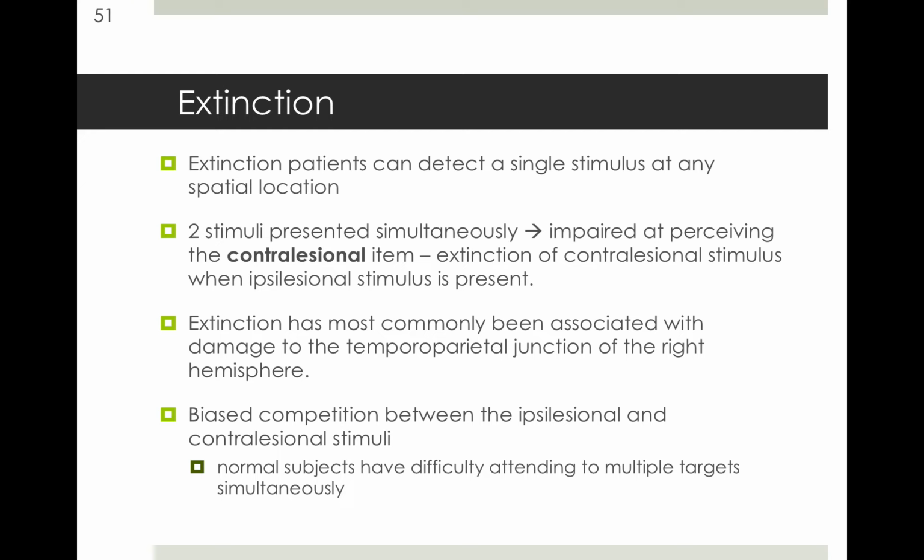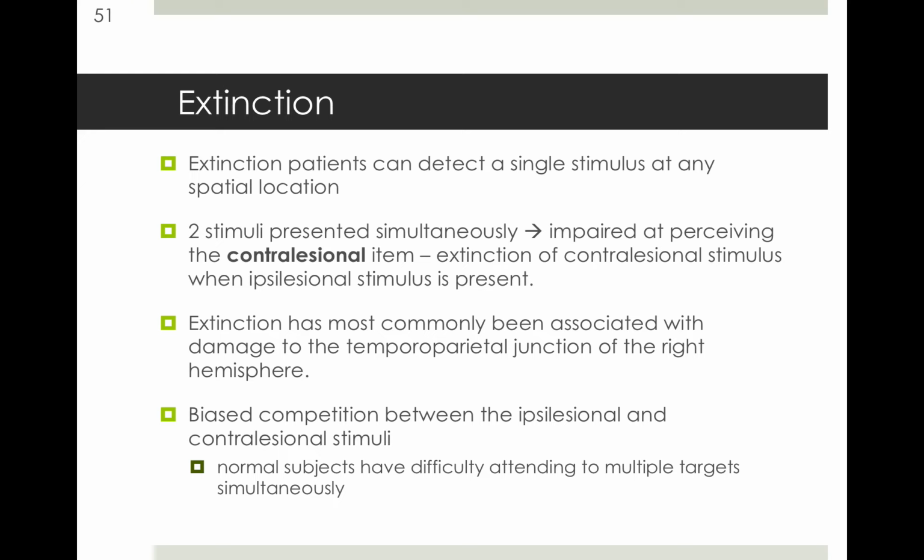A closely related idea is extinction. It's another of the constellation of problems in neglect. Patients with extinction can detect a single stimulus at any spatial location, but as soon as two objects are presented at the same time, they are impaired at perceiving the contralesional item. Usually the left side is ignored.